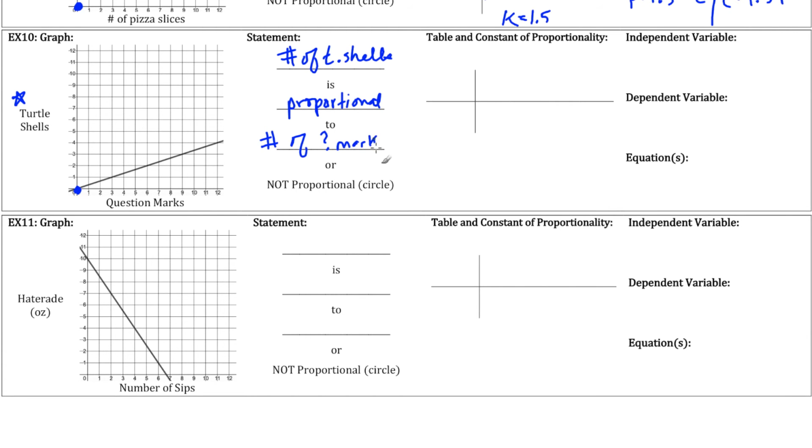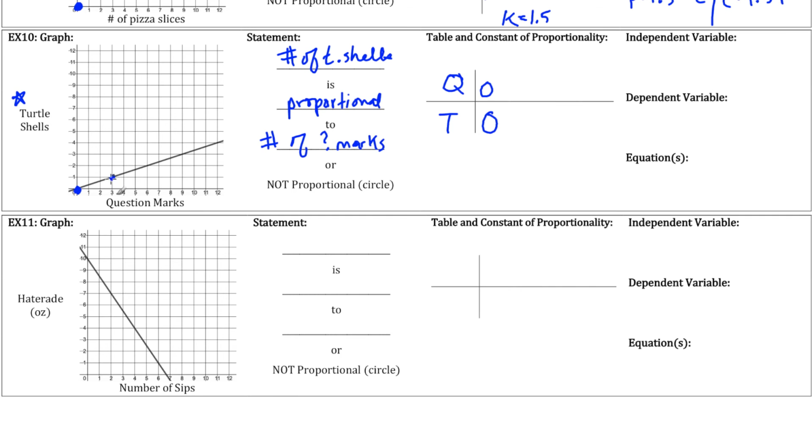Well, that's kind of redundant because that is a question mark, but whatever, it works. Remember that one, that one goes second. So turtle shells, question marks. So 0, 0, 0 question marks, 0 turtle shells.